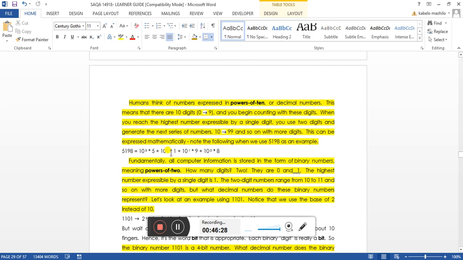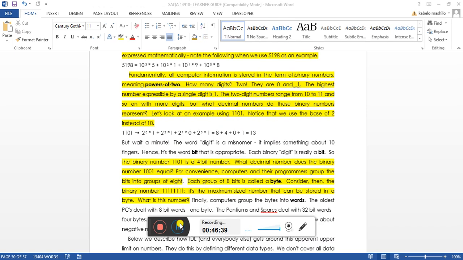This can be expressed mathematically. Note the following when we use 5199 as an example. Fundamentally, all computer information is stored in the form of binary numbers, meaning powers of 2. How many digits? 2. There are 0 and 1.